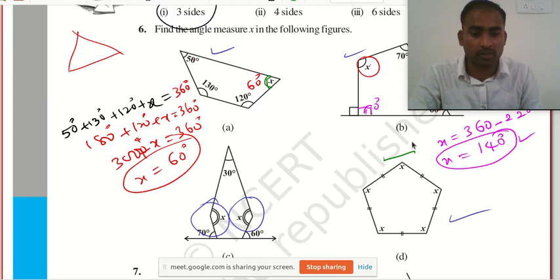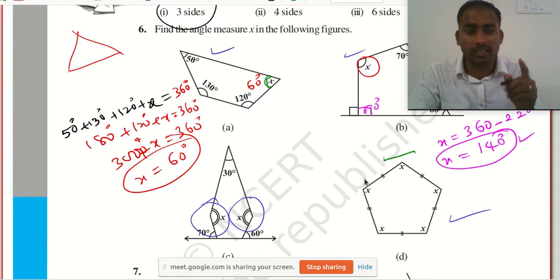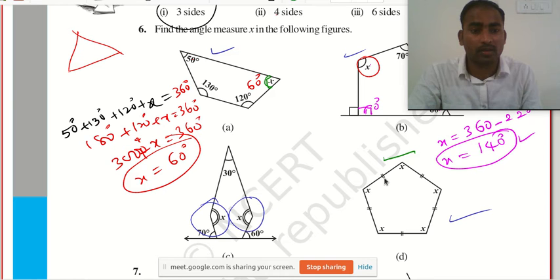For the pentagon, what is this x? What is the angle? A pentagon is a regular polygon. A regular polygon has equal sides and equal angles also. So what is the total angle in a pentagon? 540 degrees only, because 3 triangles are there: 3 into 180 is 540.